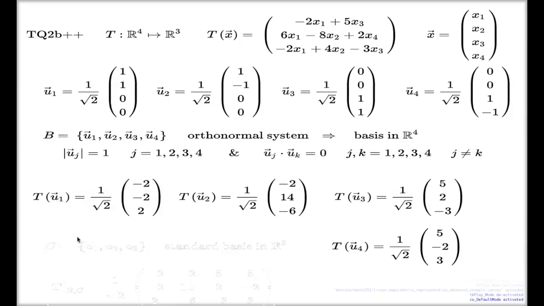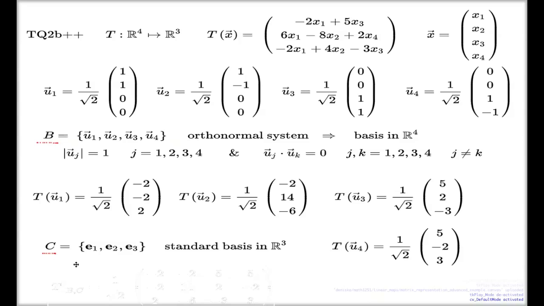If I now pick the standard basis in the codomain, if I pick C to be the standard basis in here, we can now identify the matrix of my transformation with respect to this pair of bases, this and this.